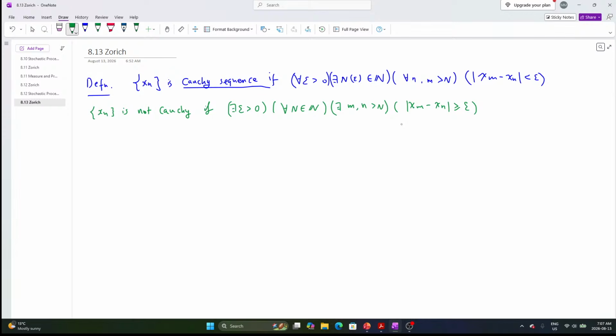Anyway, the distance between xm and xn is greater or equal to epsilon. It's a little bit hard to translate that into plain English. Guys, what do you think? How can we phrase it in normal English instead of just reading out the quantifiers?